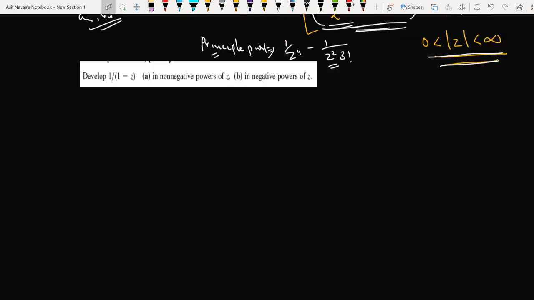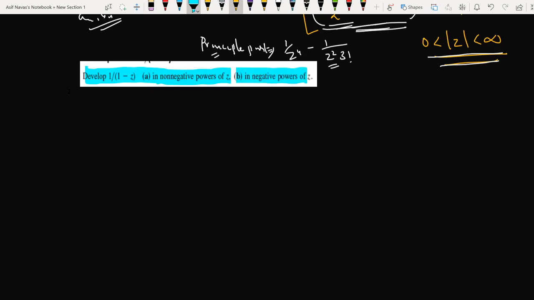So next problem, if you have any doubt, you can ask me. We will discuss this deeply because it's very important. Develop 1 by 1 minus z, first one, a in non-negative powers of z and b in negative powers of z.